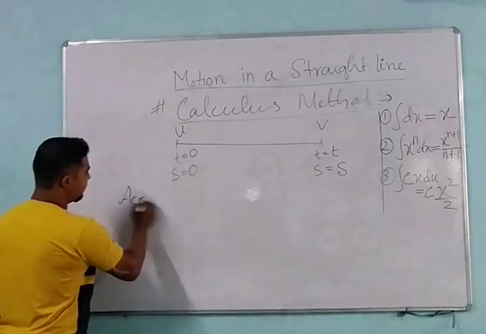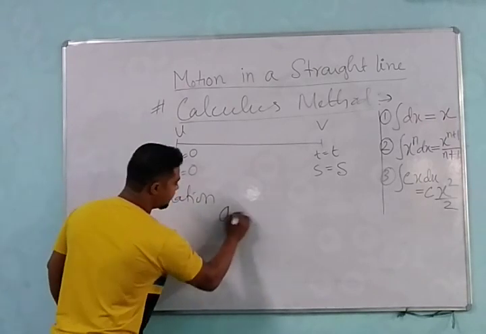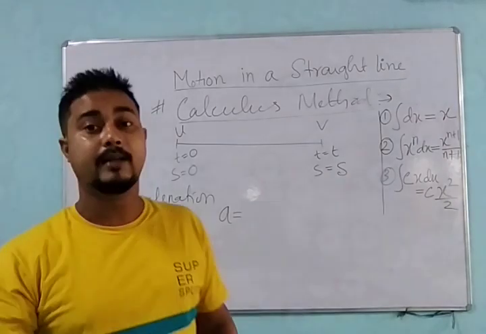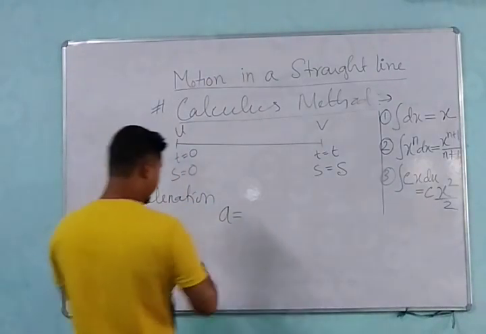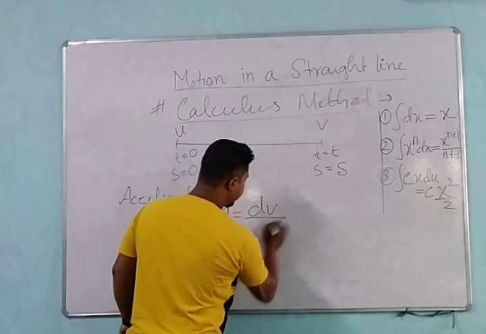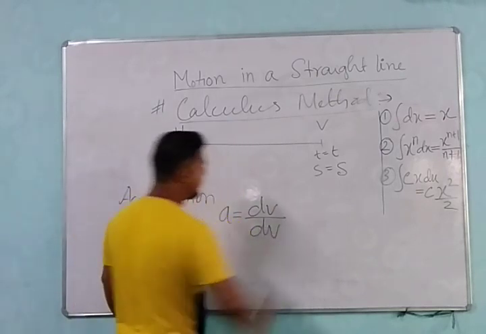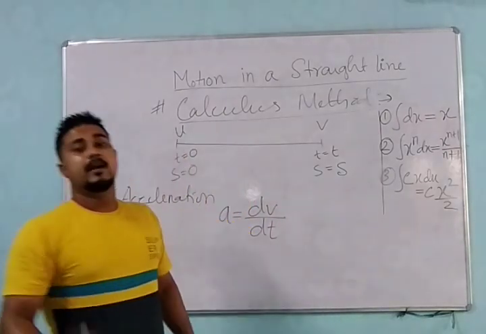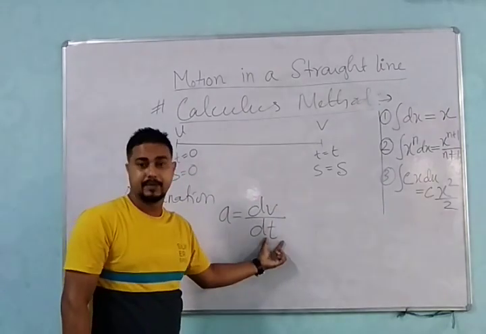The acceleration, small a, is the instantaneous acceleration. We can write a is equal to dv by dt, the rate of change of velocity with respect to time.